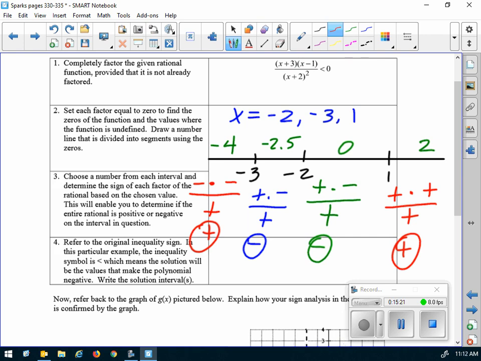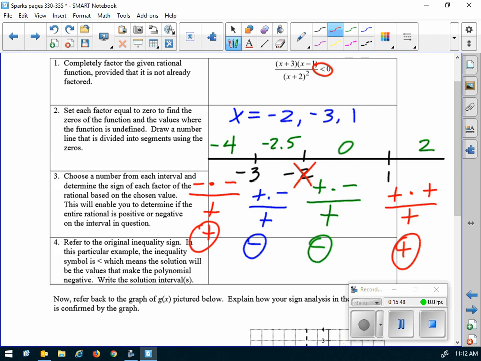Oh, wait. Are there any of these critical numbers, -3, -2, and 1, that I absolutely cannot use? I cannot use -2. You go up there and you say goodbye. Now, can I use the other two in this particular case? No, why?